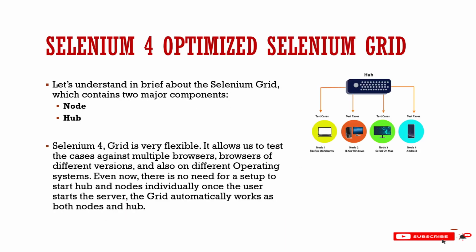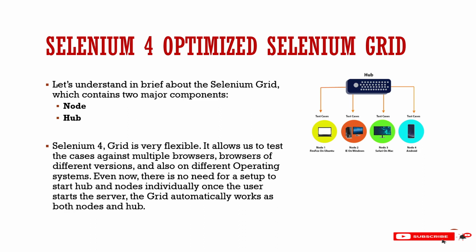Selenium 4 is also optimizing the Selenium Grid. Initially in 3.0, whenever we were working with Selenium Grid, we needed to initialize the node and hub. We needed to bring all of them up on different systems, and then we could perform actions.